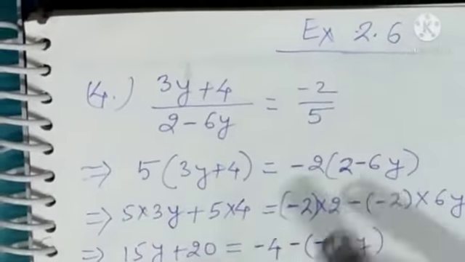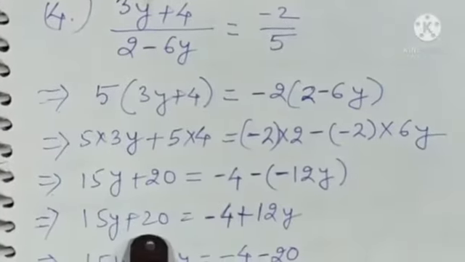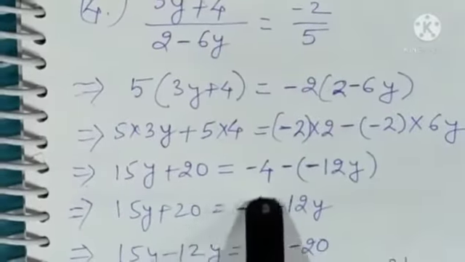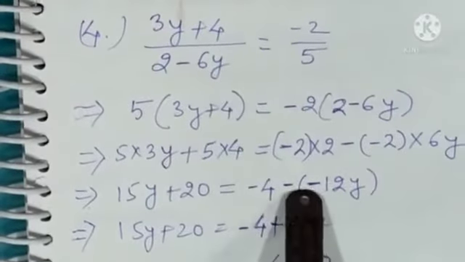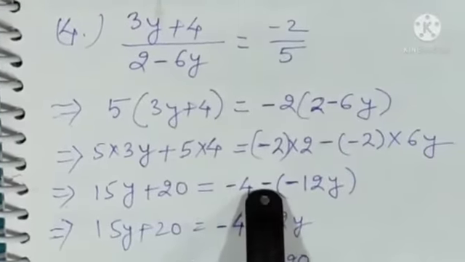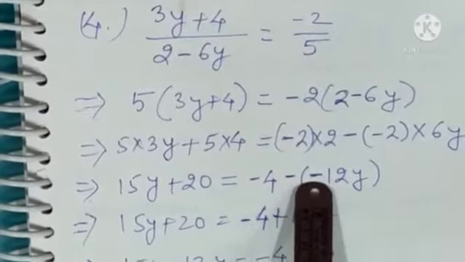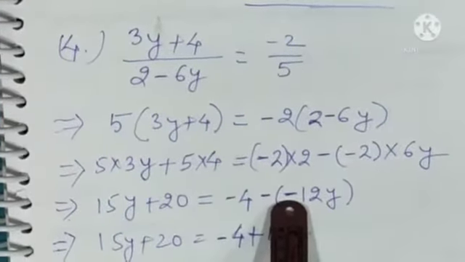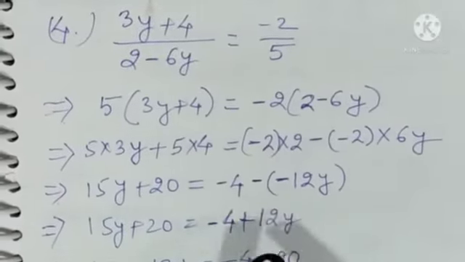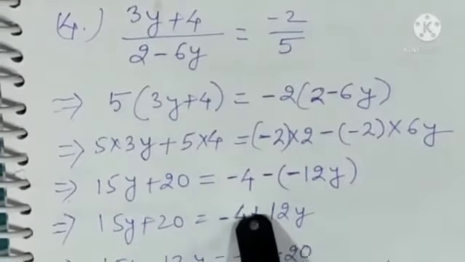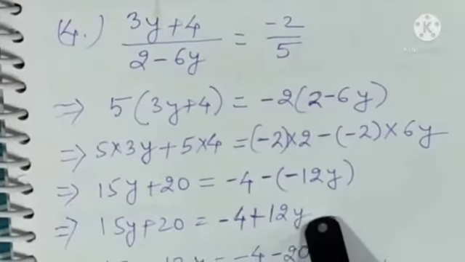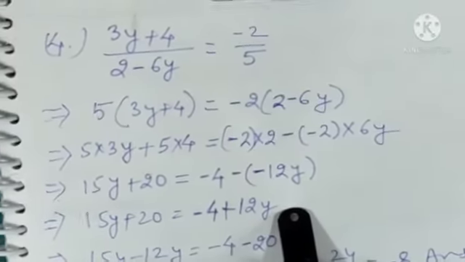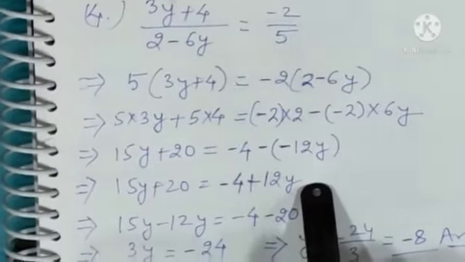Now in the next step, the left hand side is the same, and in the right hand side this term is the same, but now you multiply two same signs. In the same sign, what will the output be? Positive. So here we write the plus sign for 12y. I think that is clear to all of you.